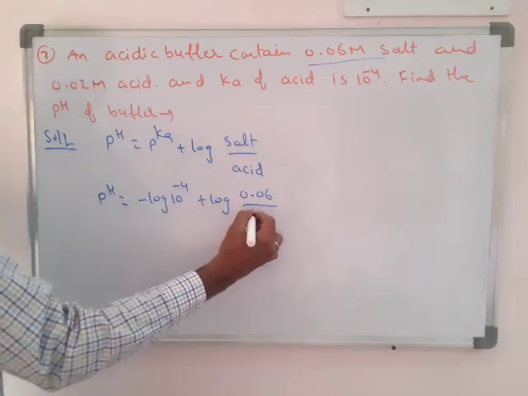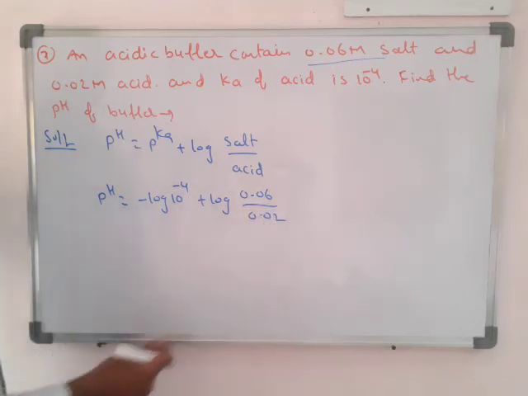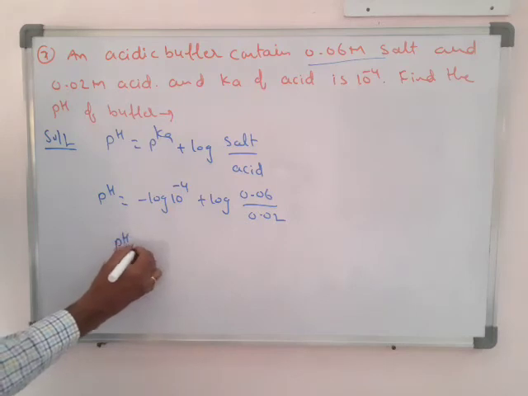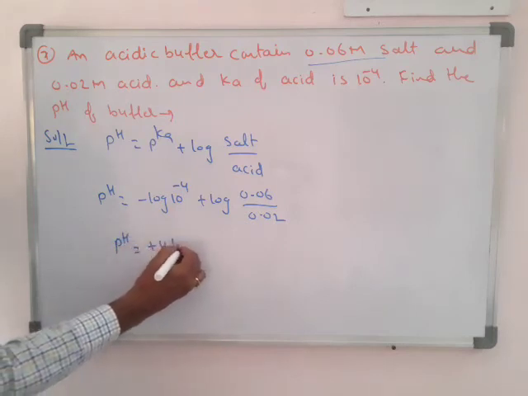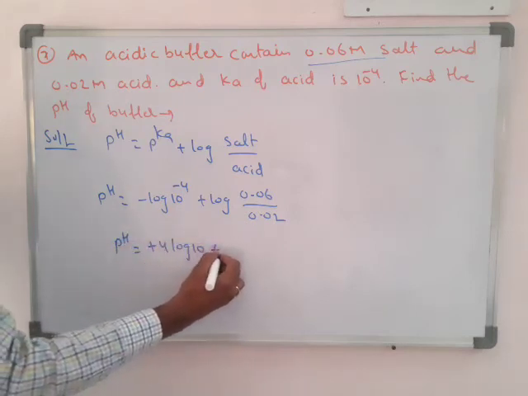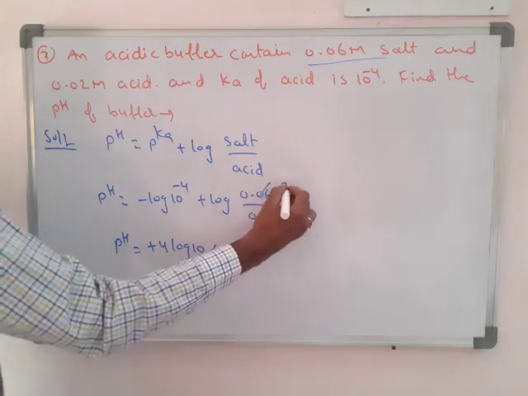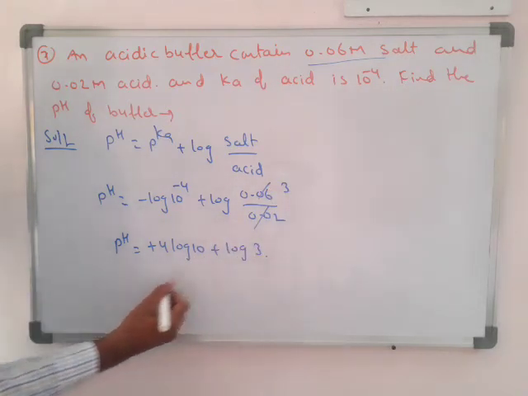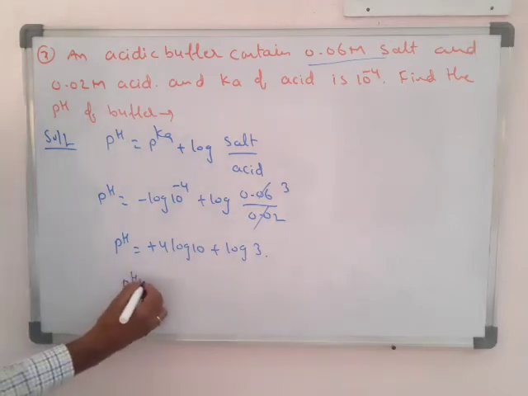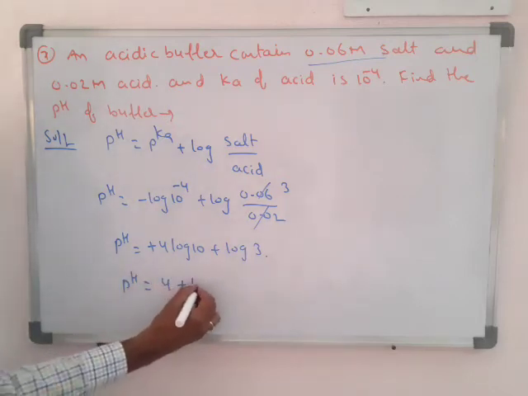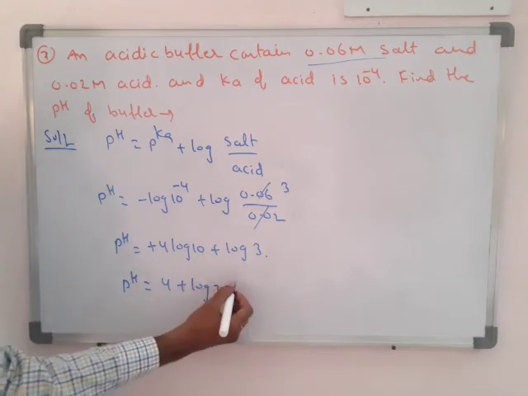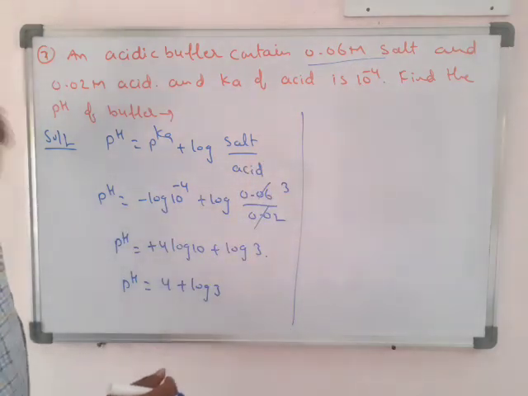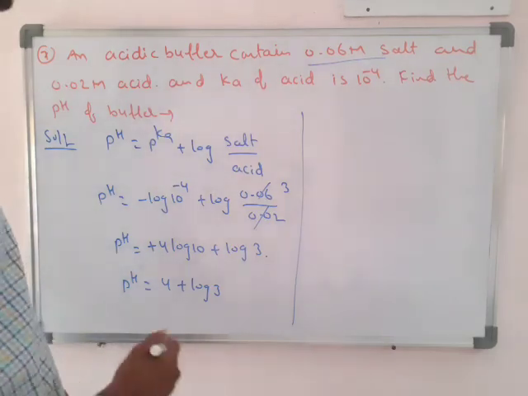The volume is not at all given, just think of it as 1 liter. Molarity given means moles per liter. So it becomes 4 plus log 3. So 4 plus log 3, I think approximately 0.447 we have as the log 3 value.